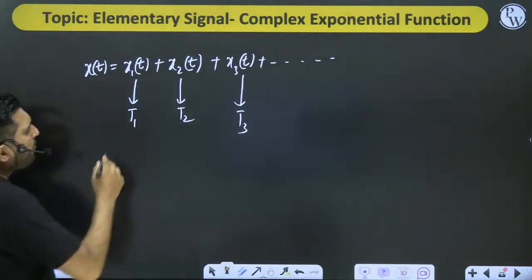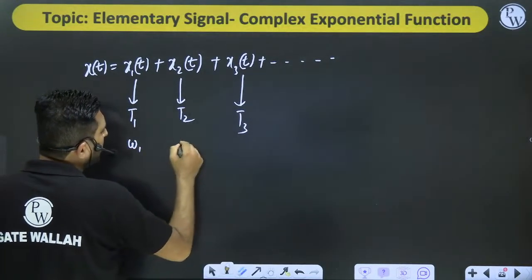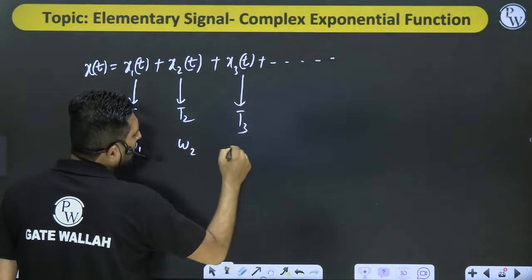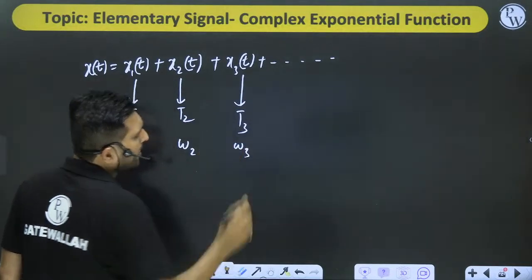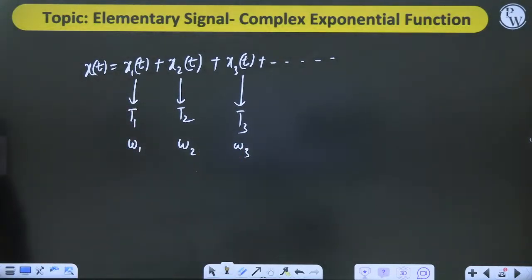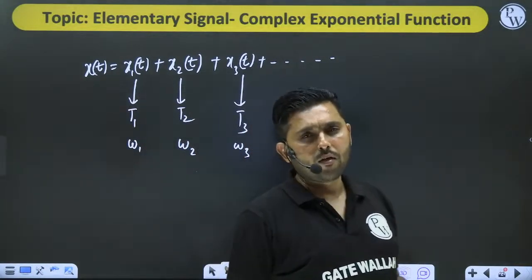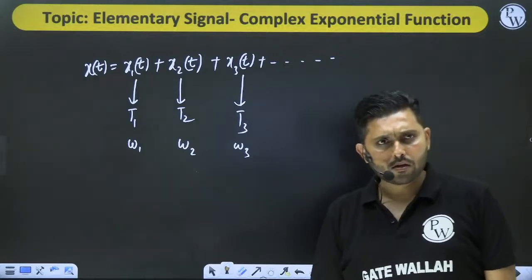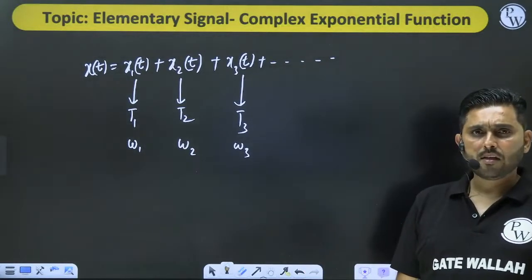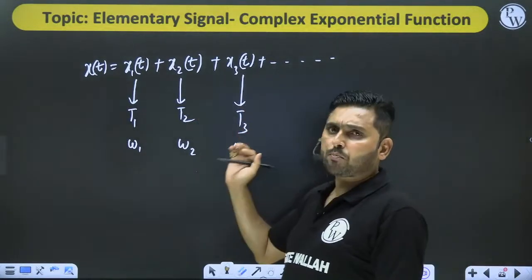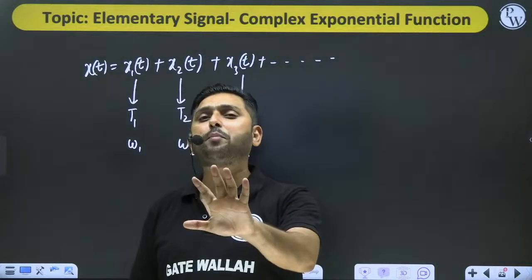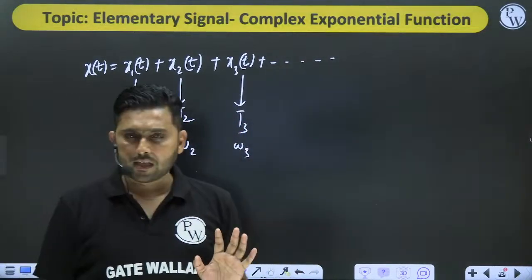And they all have a frequency also, let's say omega 1, omega 2, omega 3, like this. The question is whether this combination is periodic or not. That's the point. If this combination is periodic, then what should be the fundamental period of the combined signal x of t?